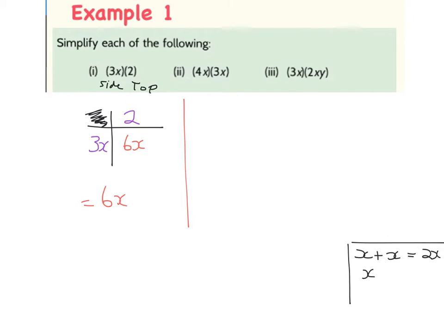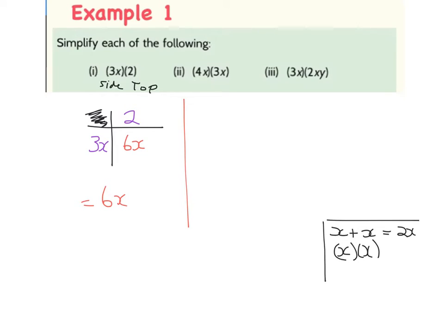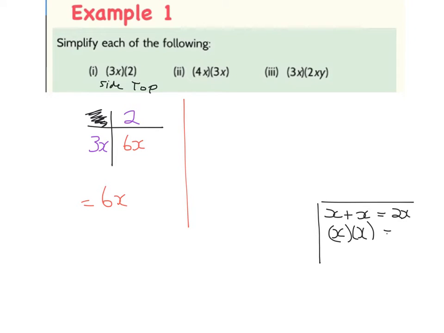If I have an x multiplied by an x, the answer to that is x squared. If I have an x multiplied by an x multiplied by an x, the answer to that is x cubed. So it's an x to the power of 3.